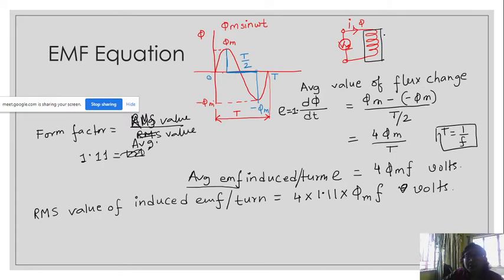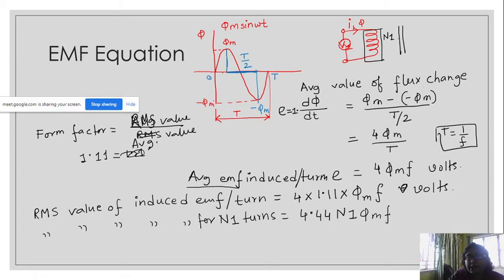So if I assume that the primary winding has N1 turns, then the RMS value of induced EMF for N1 turns will be 4.44 N1 phi m f volts, right? Similarly, what will be the induced EMF across the secondary?